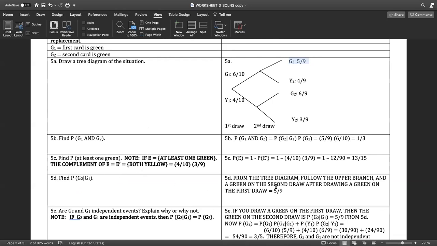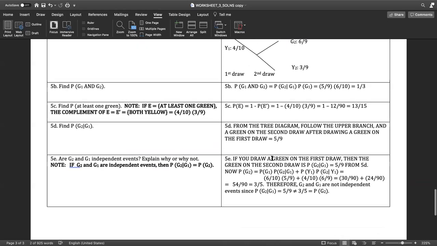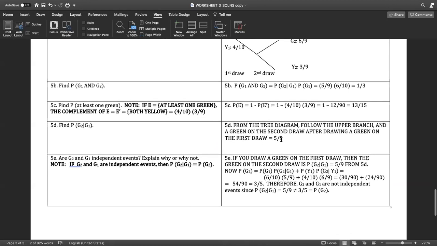No, because we're doing this without replacement. So once we take that green card out of the deck, the probabilities change for green or yellow, right? And so we would get G2 given G1, probability is 5/9. And then in the last one, I think I got confused here. I think I'm done with 5D.